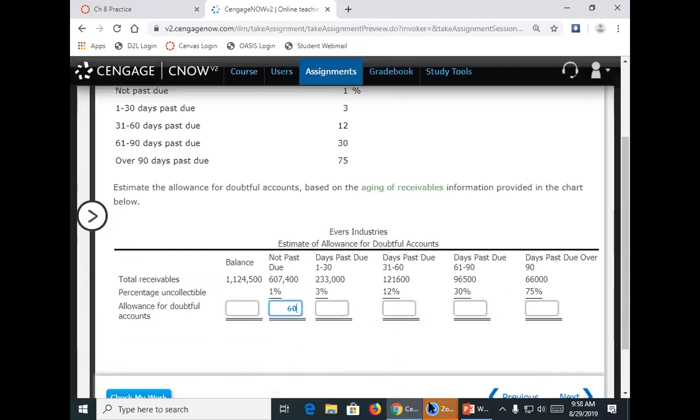So it'd be $6,074. On the up to 30 days past due, we estimate 3% of the balance is uncollectible. So how much would be uncollectible up to 30 days? 690. Very good, 6,990.